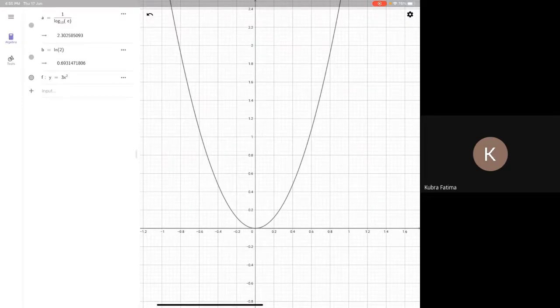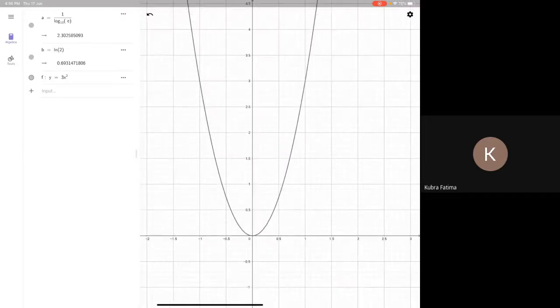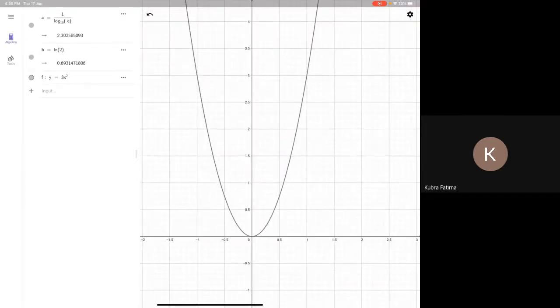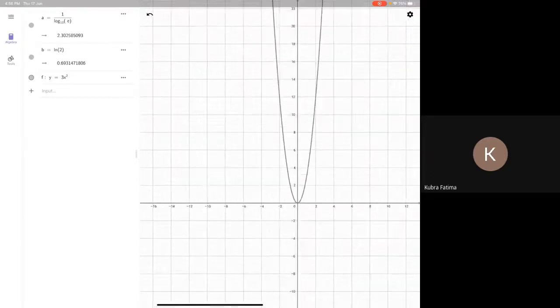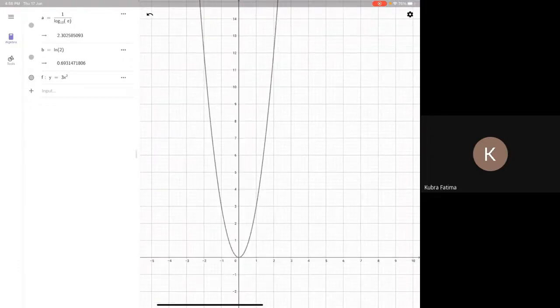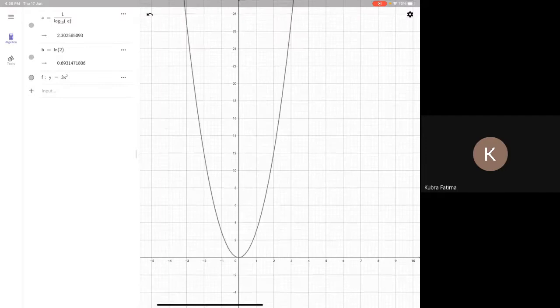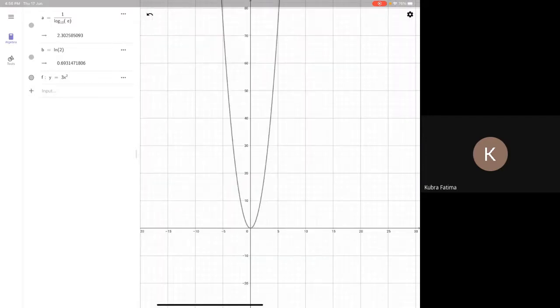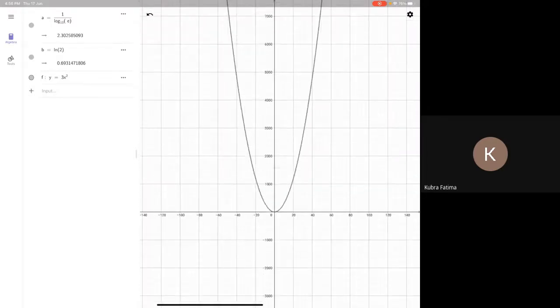Okay. Now can you see 7 and 5 here? So you have 5 here and you have 7 here. This is how your graph is.